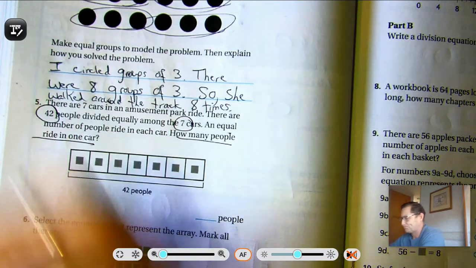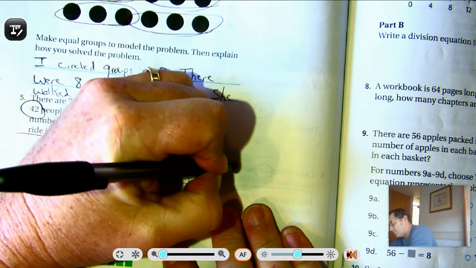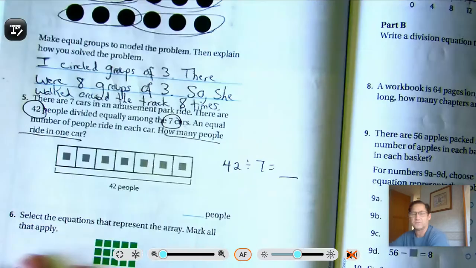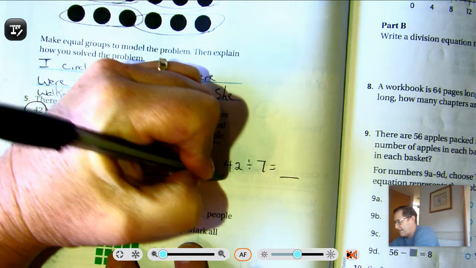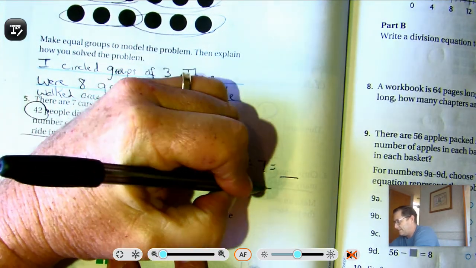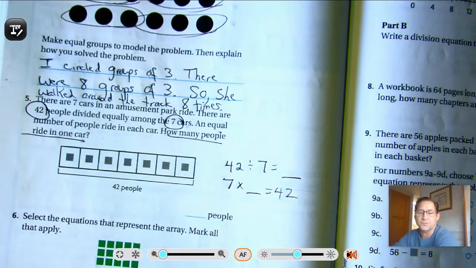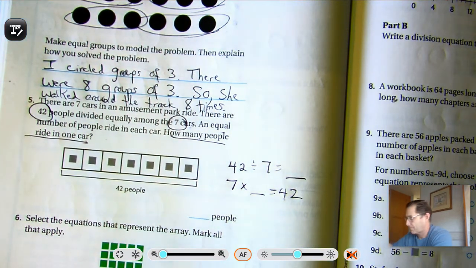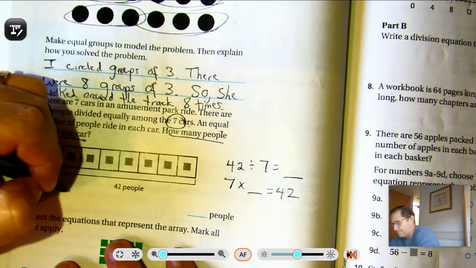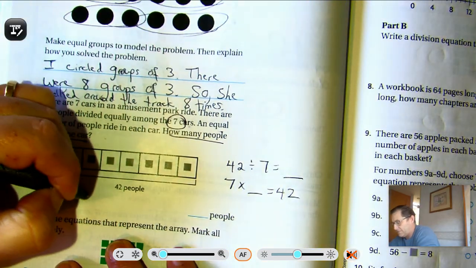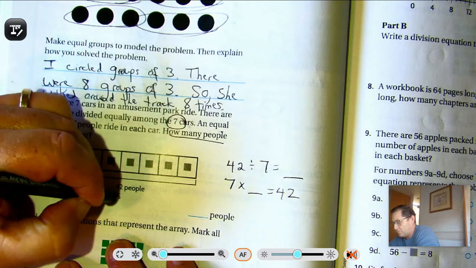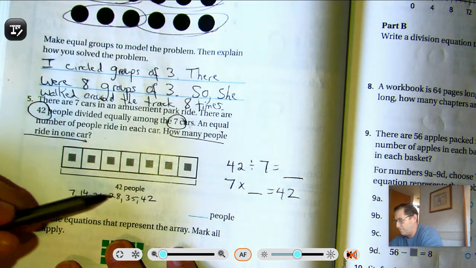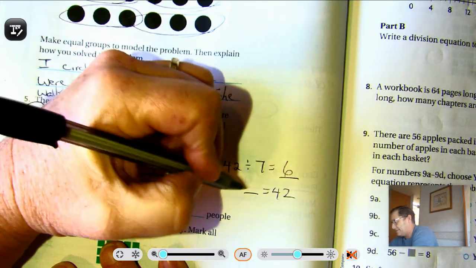Well, so this problem is representing 42 divided by 7 equals something, which is the same as saying 7 times what is 42. Well, we can skip count sevens, right? 7, 14, 21, 28, 35, 42. 1, 2, 3, 4, 5, 6.